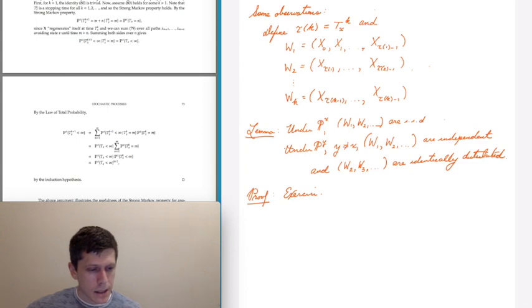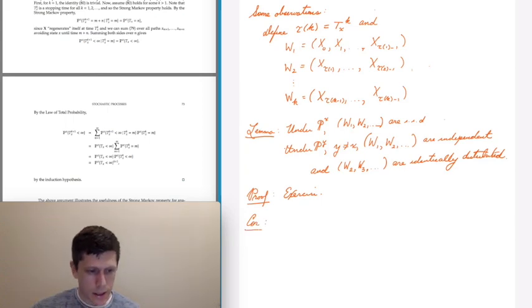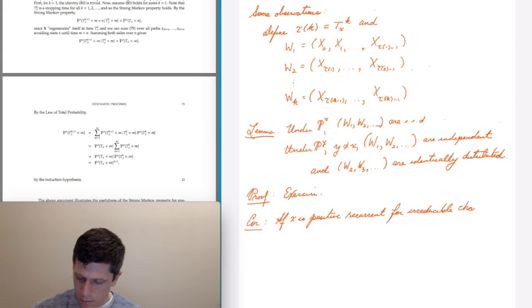And the second thing that we would like to observe, also as an exercise, is that if x is positive recurrent for an irreducible chain X, then all states are positive recurrent.